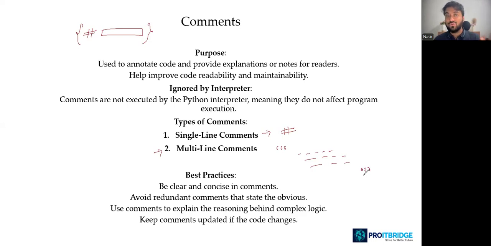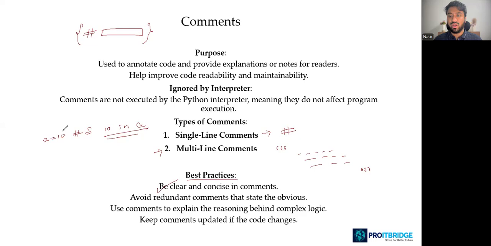So today we have seen two different things. One is keywords, which have a special reserved meaning, and another one is comments, which have no meaning for the compiler. And why is it used? So that we can be clear and concise in comments, which is the best practice. We should not overwrite. For example, if I say a equals 10, I should not give the comment 'storing 10 in a'.